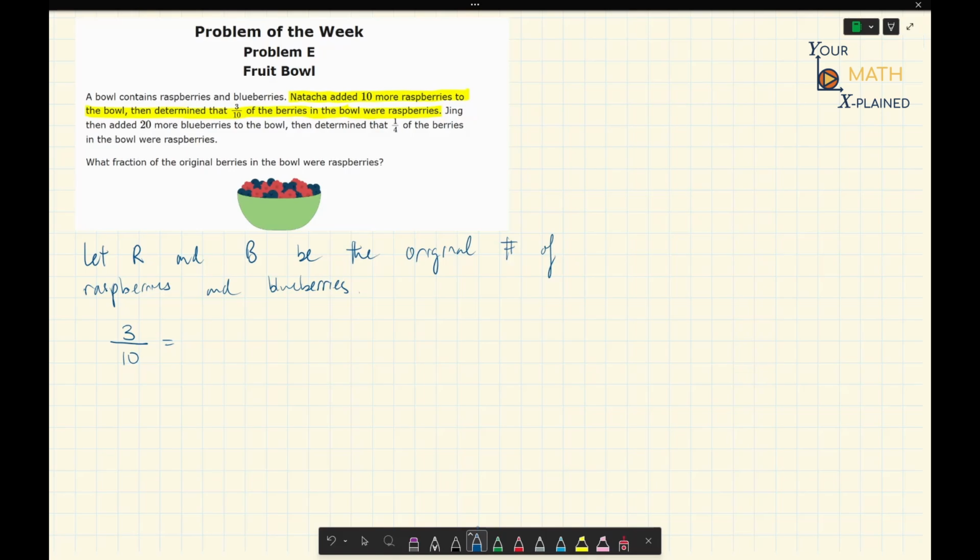The total number of raspberries would be R plus 10, the original amount plus 10 more. On the bottom, the total is R plus B, so the amount of the two types of berries, plus we've just tossed in 10 more. This is my first equation. We'll just write a little 1 here. We'll come back to this.